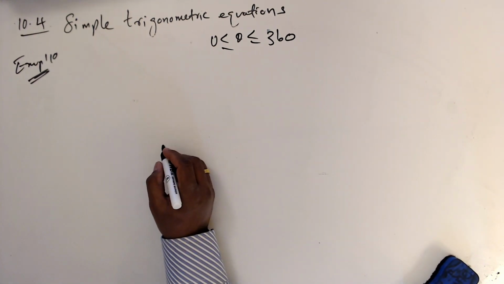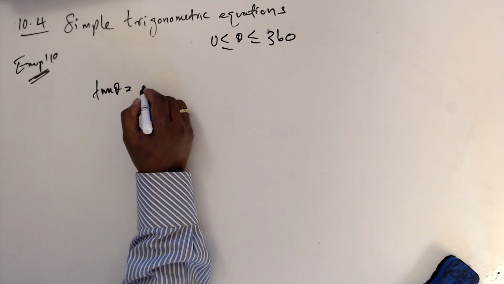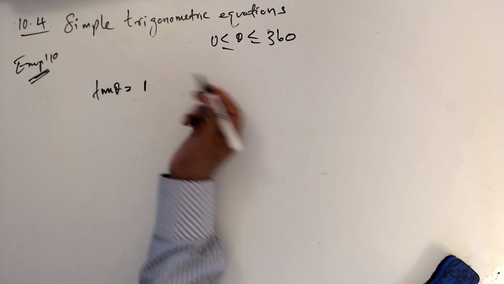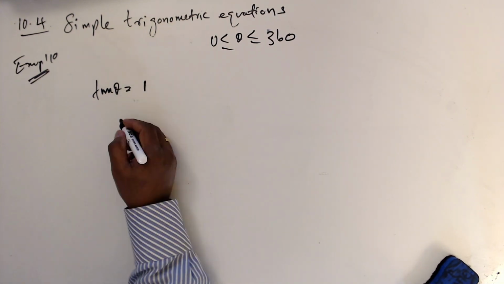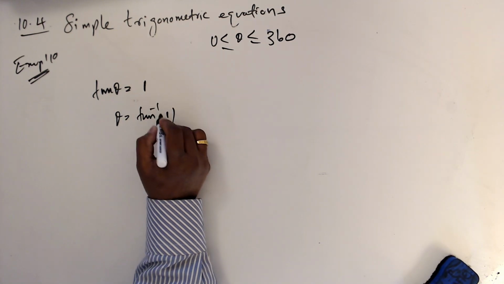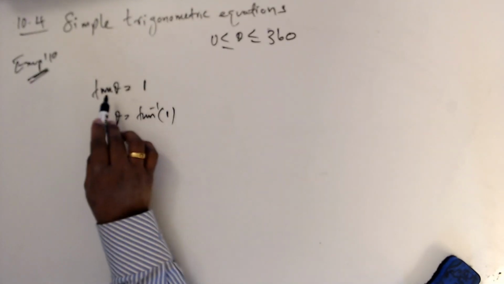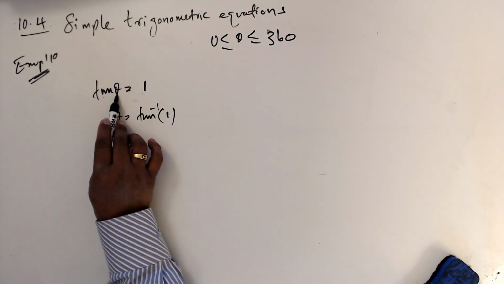Let's discuss another one. Tan theta equals 1, then theta equals tan inverse 1. So which angle gives a tan value of 1?